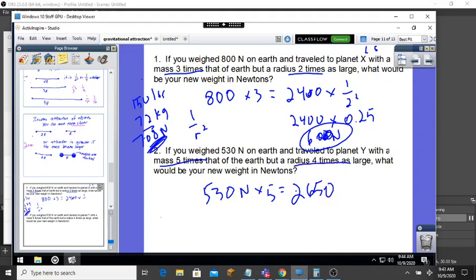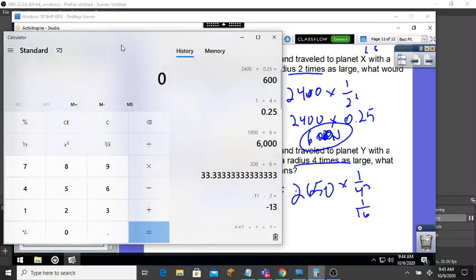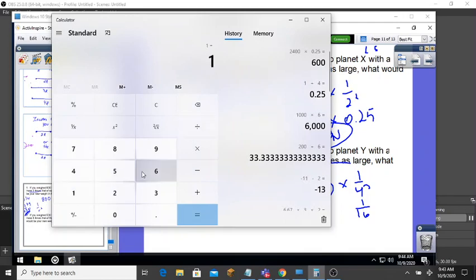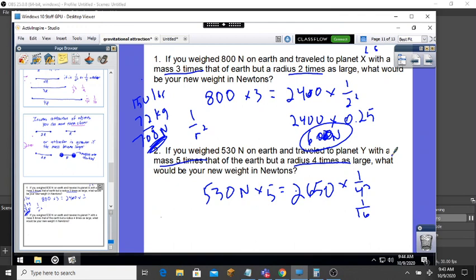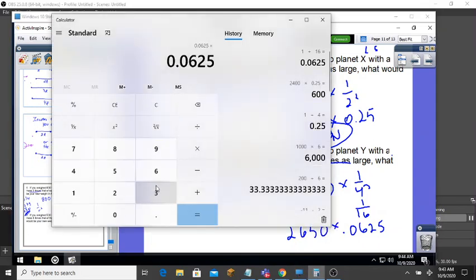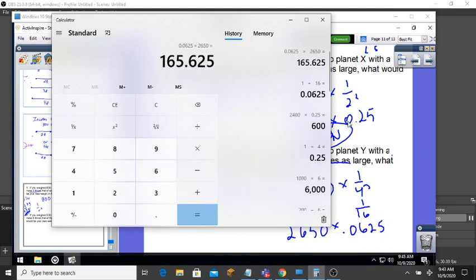And the radius is 1/4 times as large, so times 1 over 4 squared, which is 1 over 16, which is 1 divided by 16, 0.0625. 2,650 times 0.0625 gives me 165.